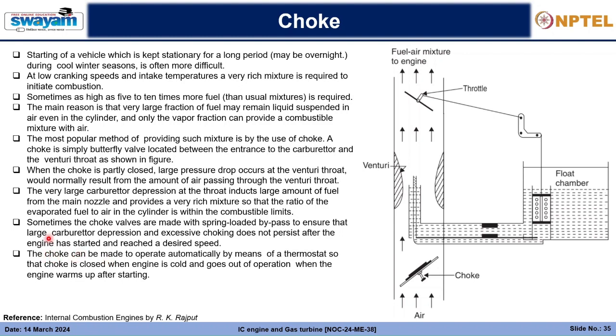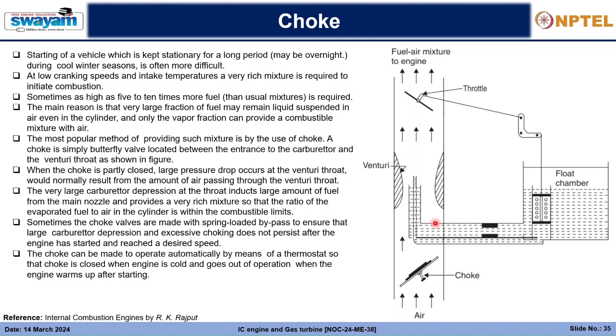The choke can be made to operate automatically by means of a thermostat, so that the choke is closed when the engine is cold and goes out of operation when the engine warms up after starting. So that is the purpose of the choke, and we usually use it when we are starting maybe a scooty or bike in cold winter seasons, when it is kept for a very long time idle or not operative.